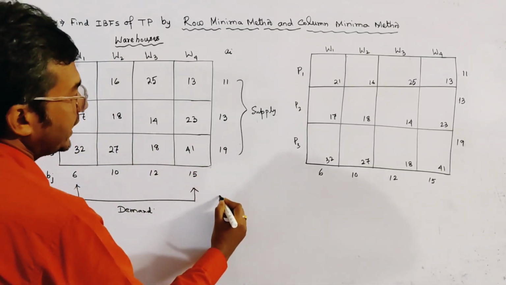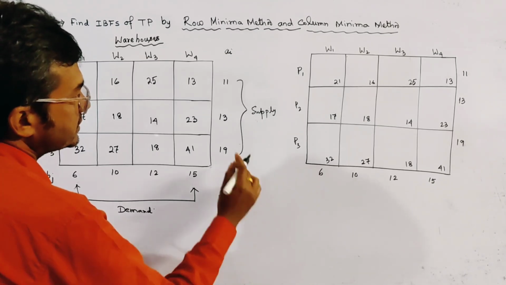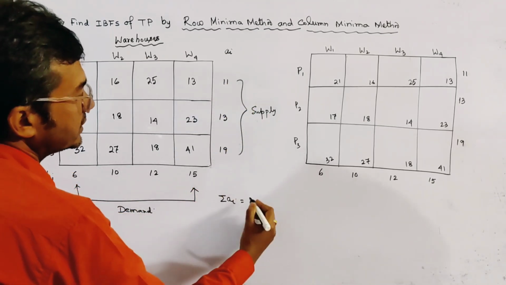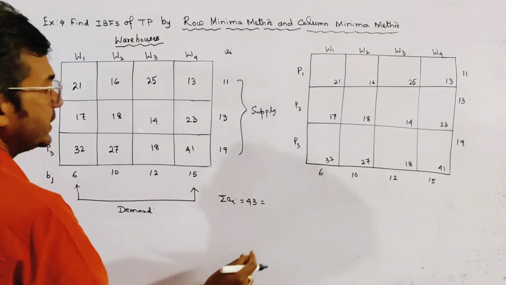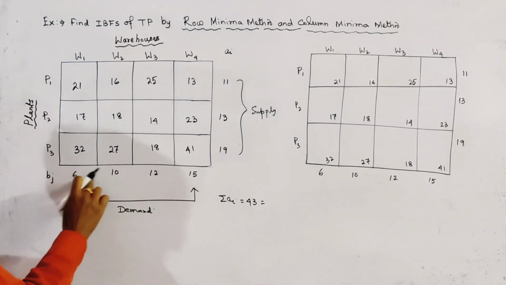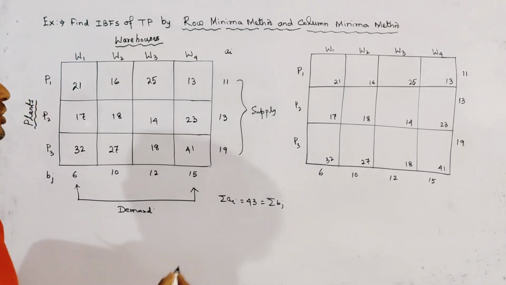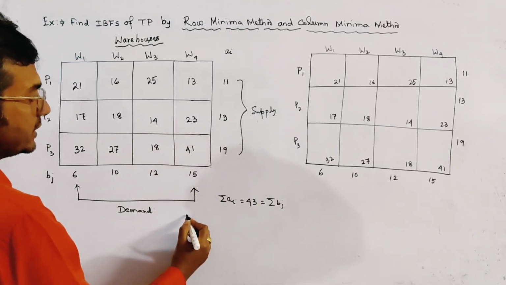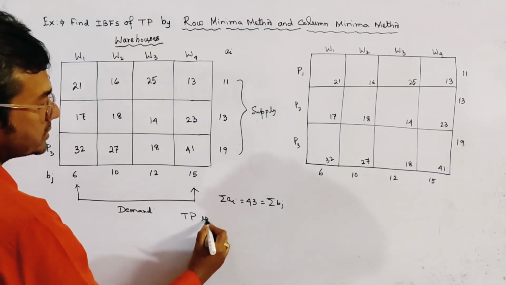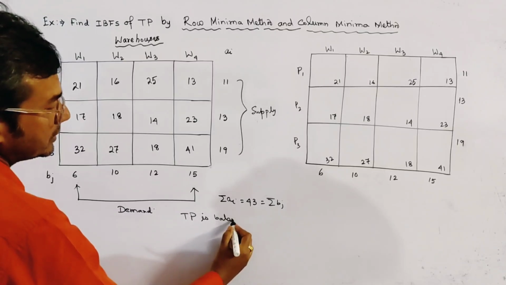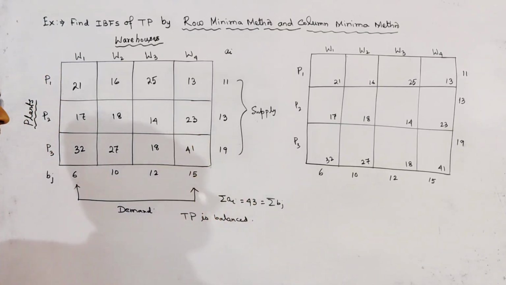Clearly, summation ai is 11 plus 13 plus 19, which is 43, and summation bj is also 43. So we say that the transportation problem is balanced.